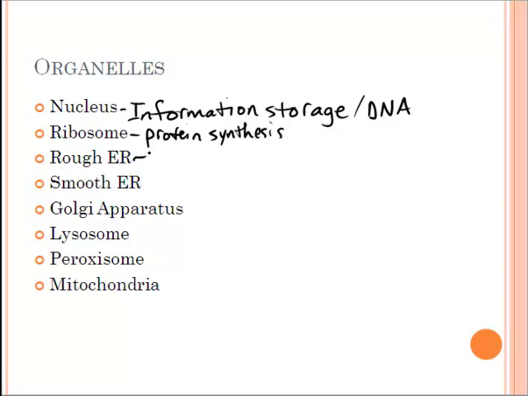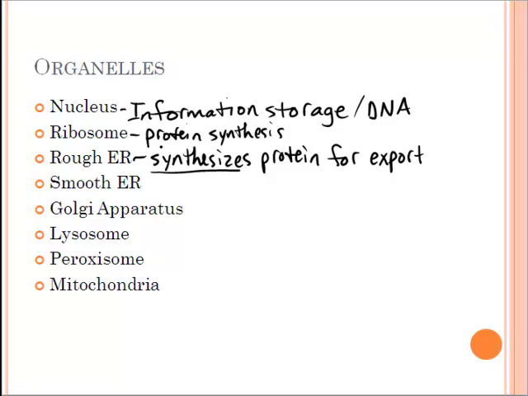We have rough ER. The rough ER synthesizes proteins that are either going to be exported from the cell or that are going to end up in the plasma membrane. Now, I said here synthesize protein, but it is actually the ribosomes that synthesize proteins, but these ribosomes are located on the rough ER.